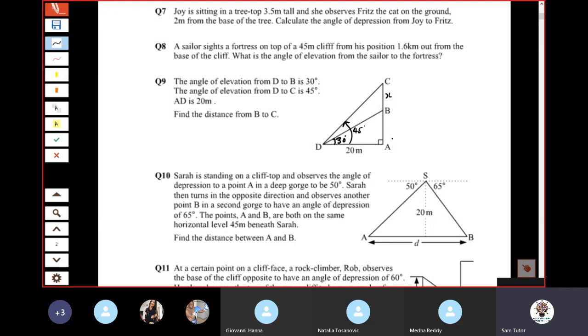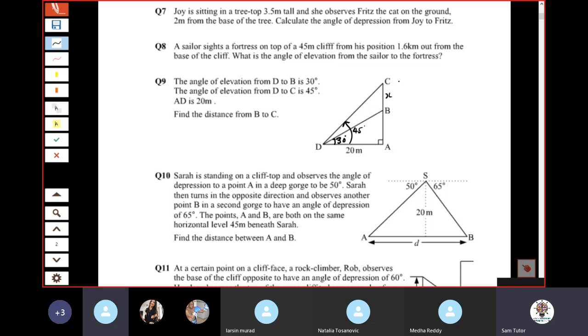Does anybody have any clue of how I'm going to be able to find that distance there? Or what the logic would be to finding that distance there? Not yet. What would be the logic to find this side here?